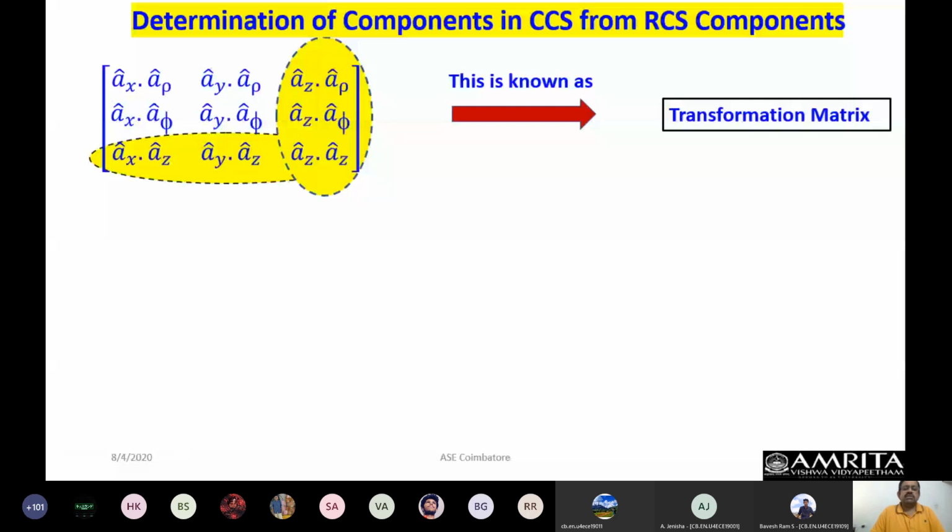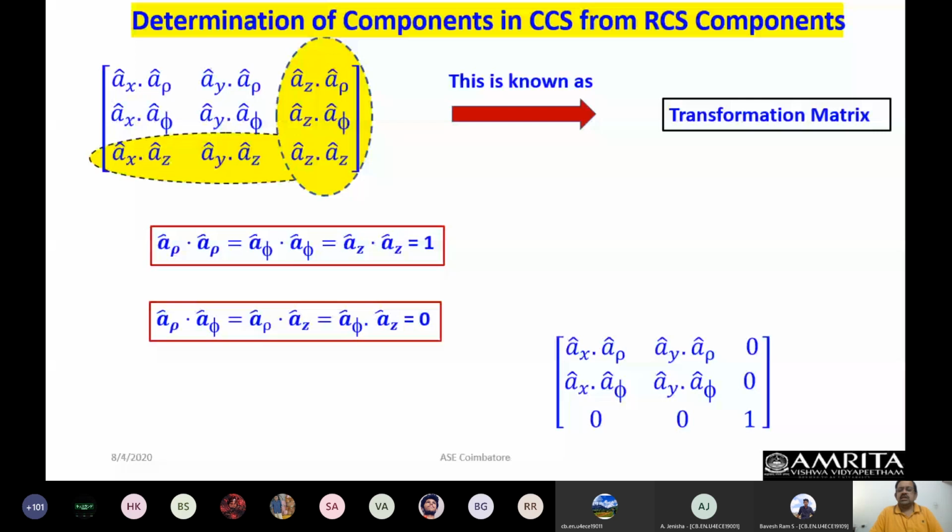Therefore, from this dot product relationship, we can write this transformation matrix, and we can simplify by finding these two, the third column and third row. Remaining are only these 3 or 4 elements.